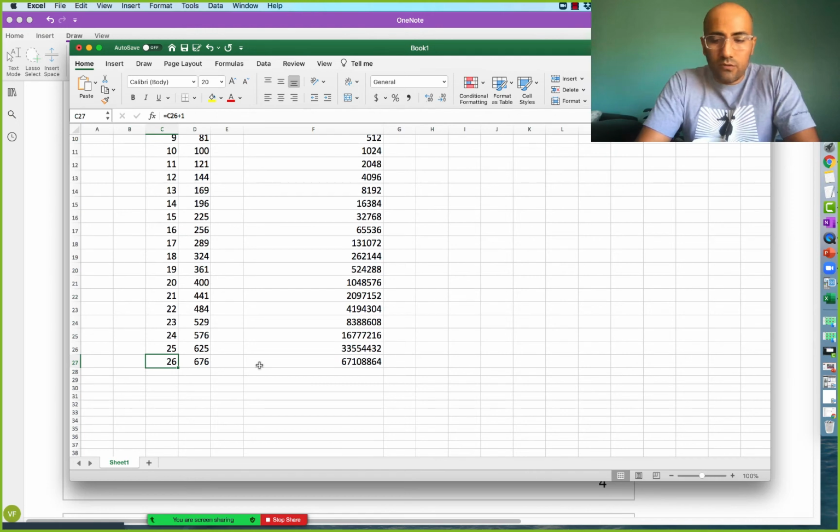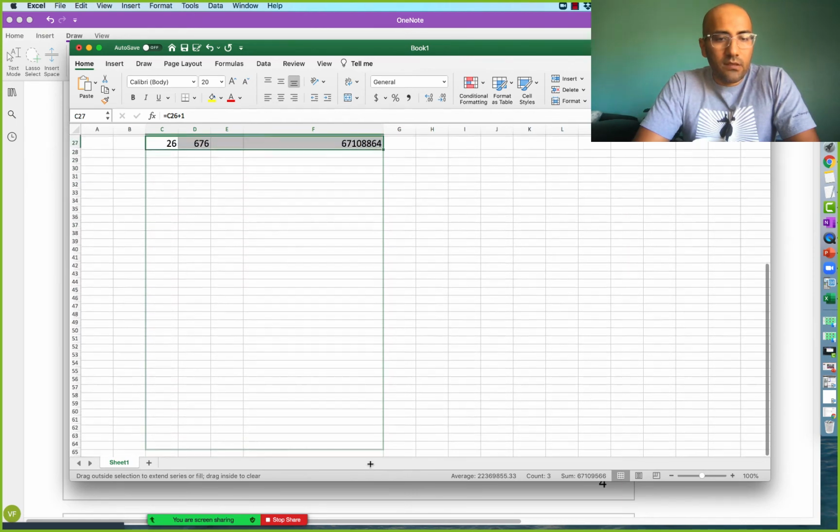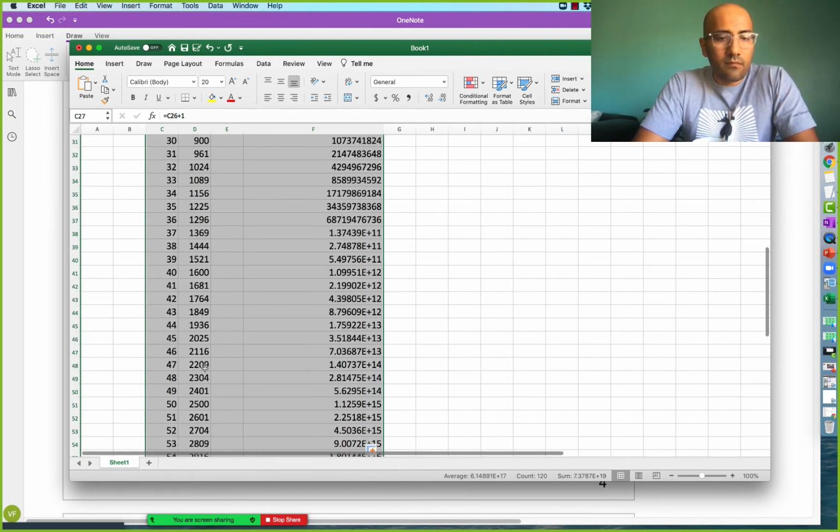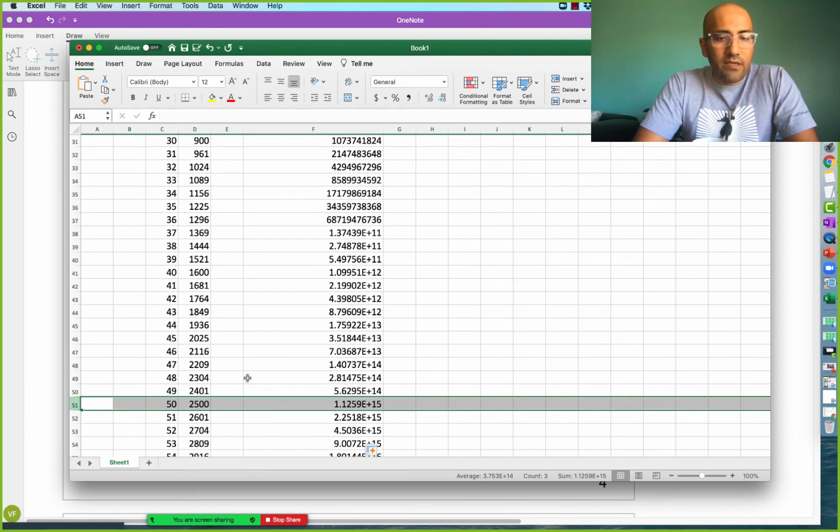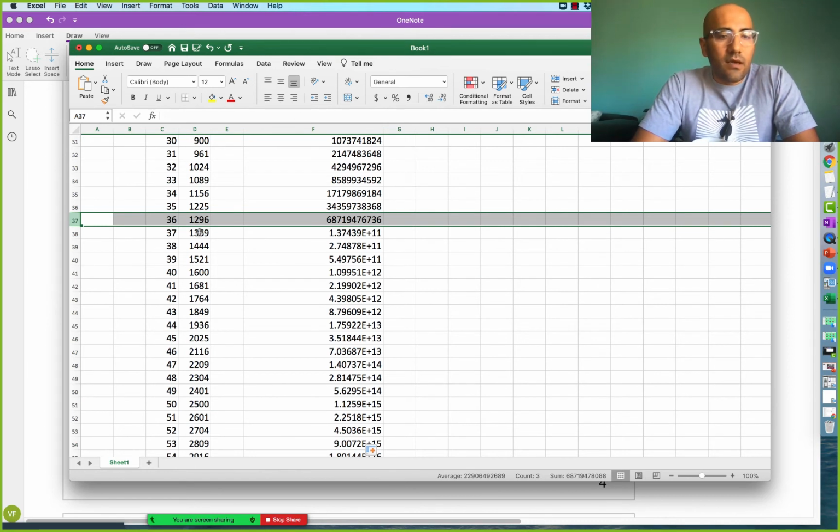Let's go to about something like 50. What's going to happen when we get to 50? This thing is already out of control big. It's already using scientific notation to approximate this, so let's just stick to this one. Even at 36, 36 squared is only 1,296, but 2 to the power of 36 is already in the billions.